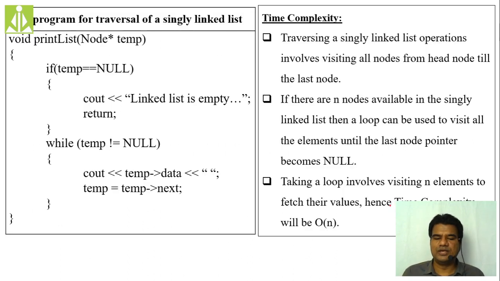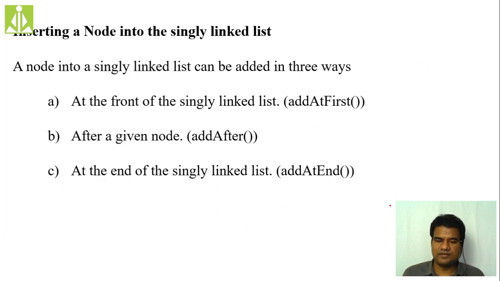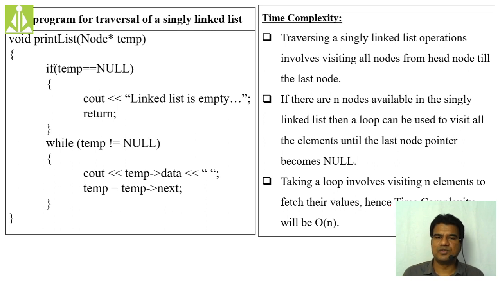So how do we do this, you simply check. First of all, we have to check whether the linked list is empty or not. These two things only we will discuss, and the rest of the things we will discuss in our upcoming videos.